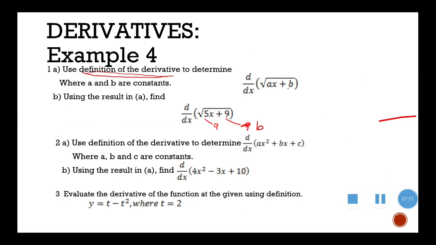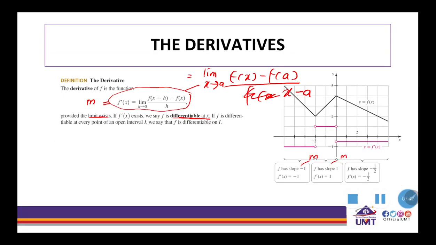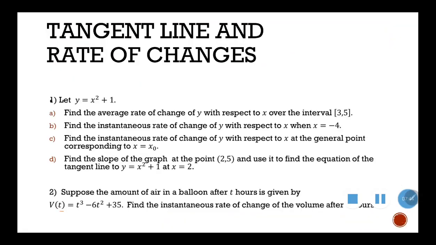For example 2, I want you to do it by yourself, and I will give you the solution later. For example 3, we have done something similar, like this one.